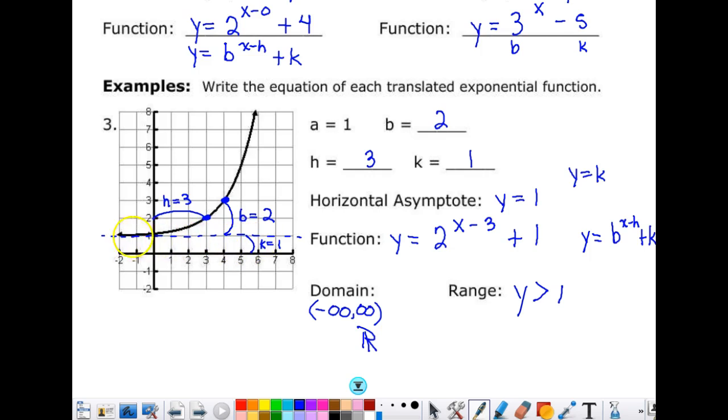So it's never, ever going to touch that 1. So for these, you don't use the equal to signs. You could also, if you wanted to, do 1 to infinity, but I think this is easier. Today and tomorrow, they're all going to be greater, just plain old greater thans. Wednesday, when we reflect them, then they might be less thans. But today, not.